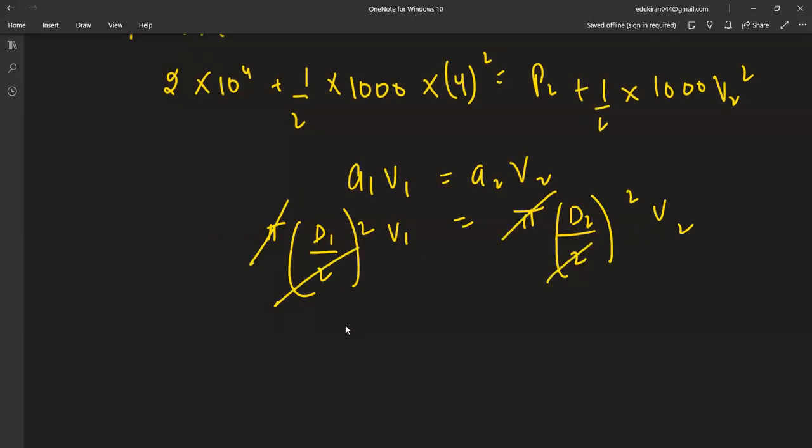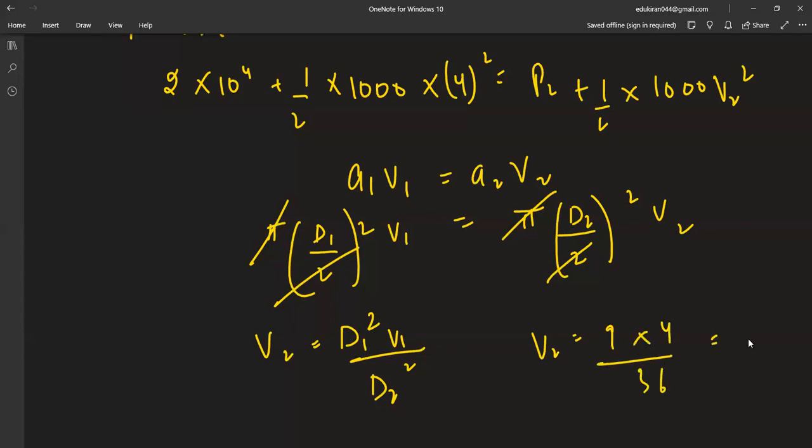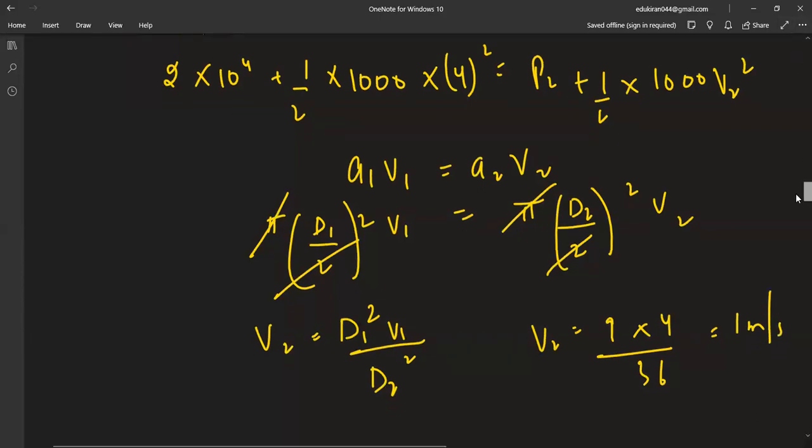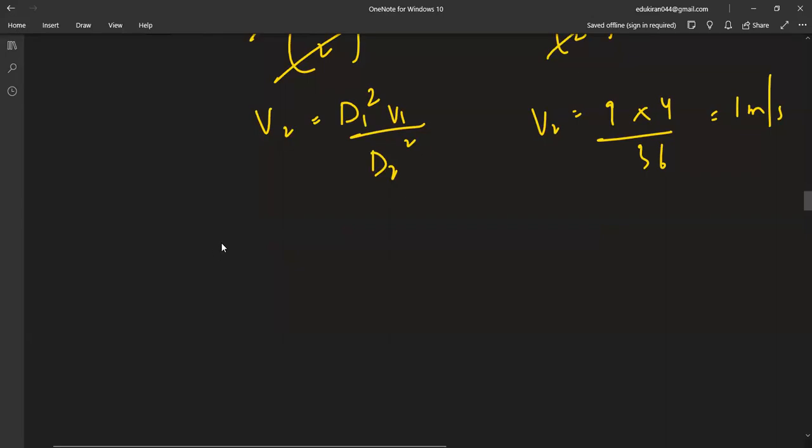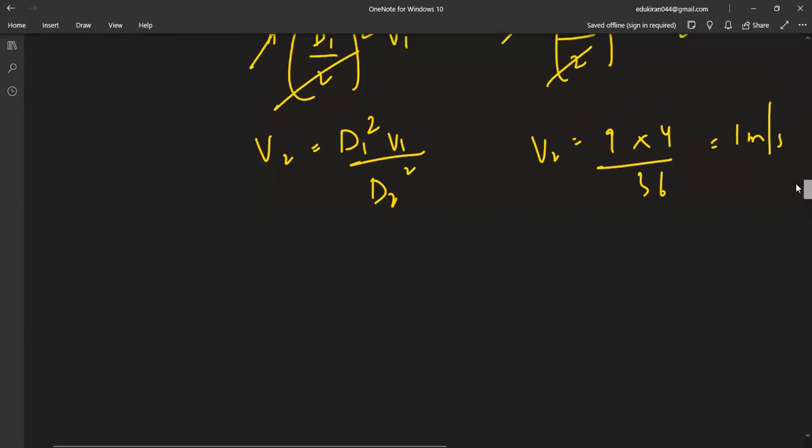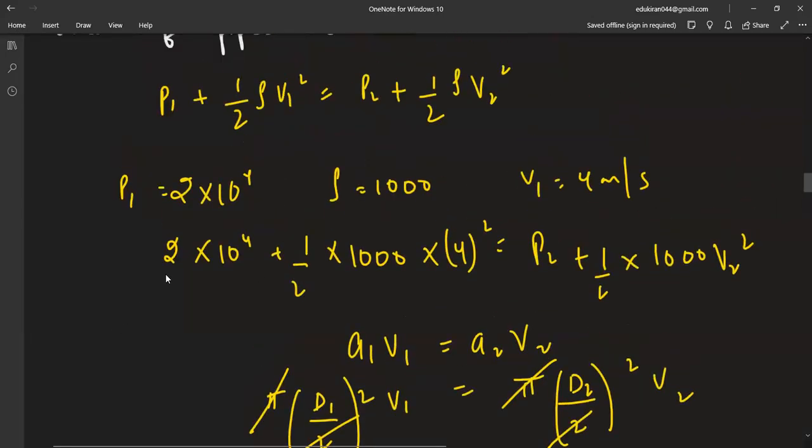So we are left with V2 equal to d1 square into V1 divided by d2 square. What is V2? 9 into 4 by 36, which is equal to 1 meter per second. Now you know this is 1, you can find out the value of P2. If we solve this, this will be 2.